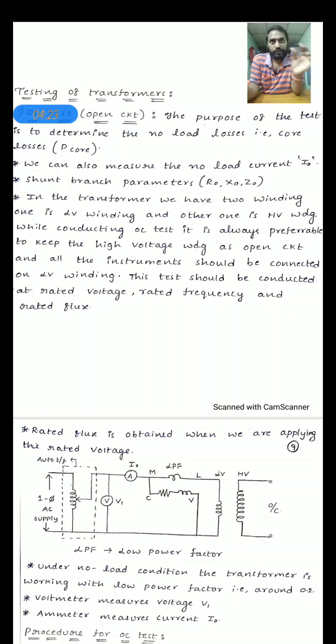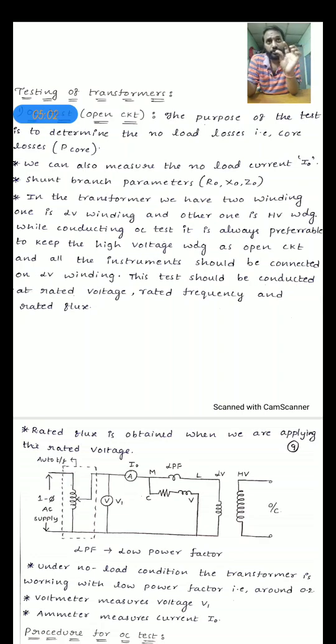If you want to test this transformer, it is always better to apply 440 volts instead of 11 kV while testing, because this transformer is first manufactured at a company, and in that company itself it has to be tested and later it will be dispatched. So it is always preferable to apply less voltage than high voltage, for the transformer as well as for the personnel. It is very important. So here we have two voltages, 11 kV and 440.